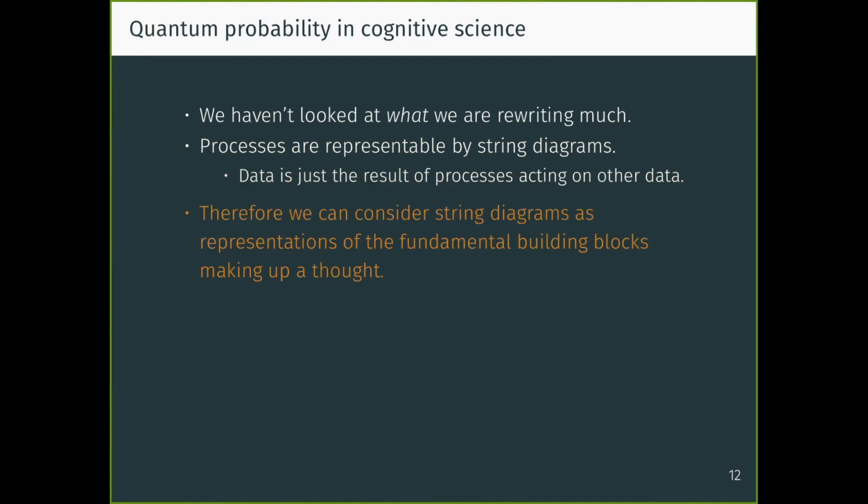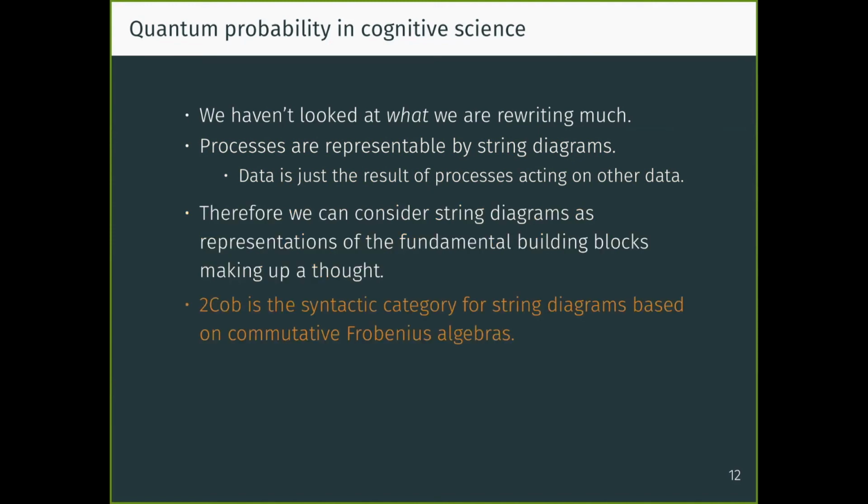So why not take string diagrams as the fundamental building block that our production system will operate on? There's a major class of string diagrams which represent many common processes that we encounter, which is based on commutative Frobenius algebras. An interesting thing about this class of string diagrams is that its syntactic category is 2-cob, a category of two-dimensional cobordisms.